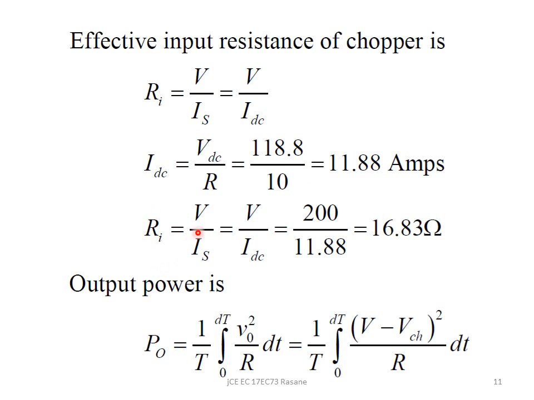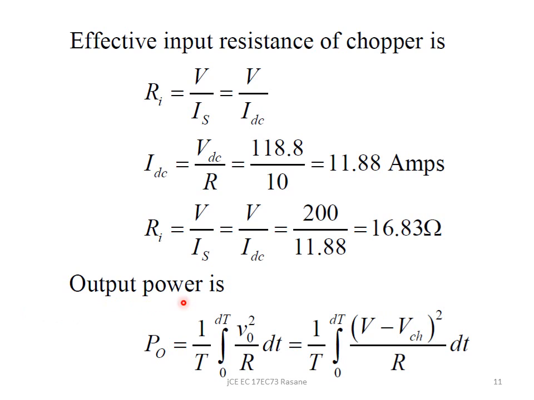So Ri becomes equal to V by IS, which is equal to V by IDC, and hence substituting the values, V is 200 and IDC is 11.88, I'll be getting the effective input resistance of the chopper as 16.83 ohms.